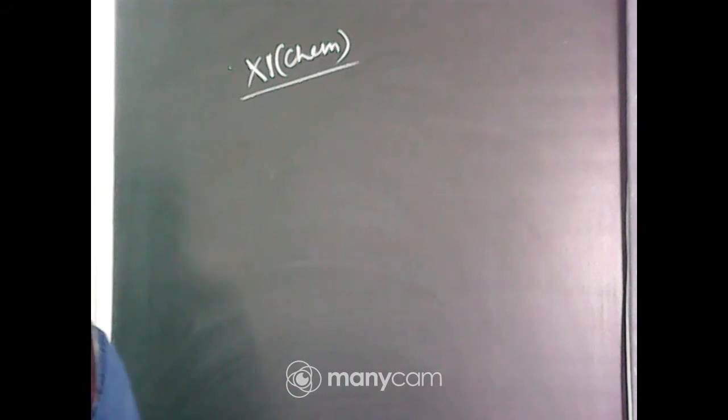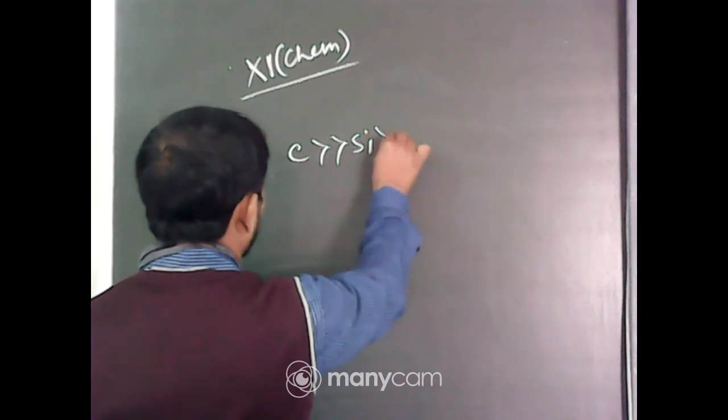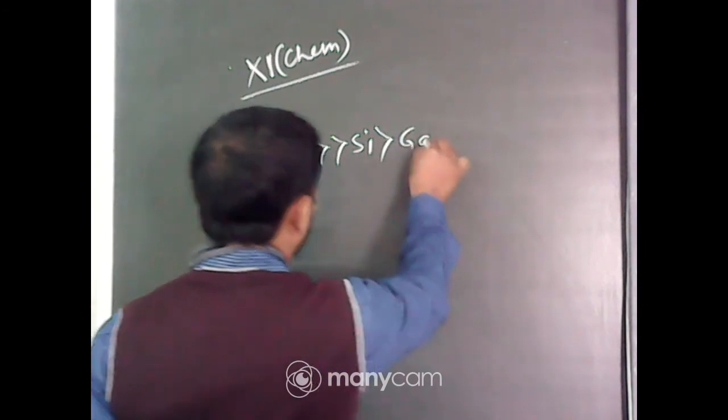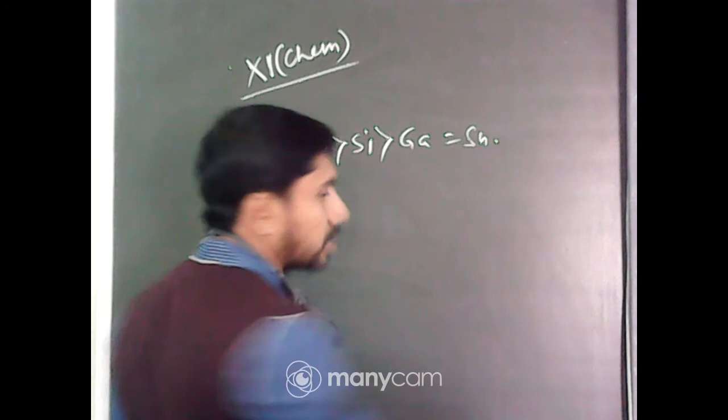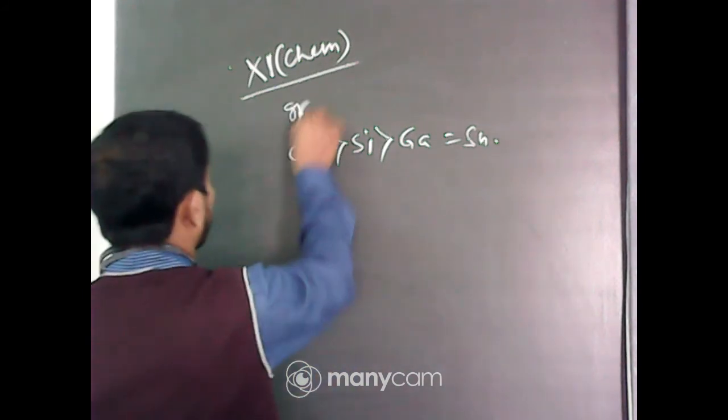Here it is assumed to be just similar, that is equal in value. So the tendency of catenation is carbon much greater than silicon, greater than germanium, Sn. This is the sequence of catenation of group 14 elements.